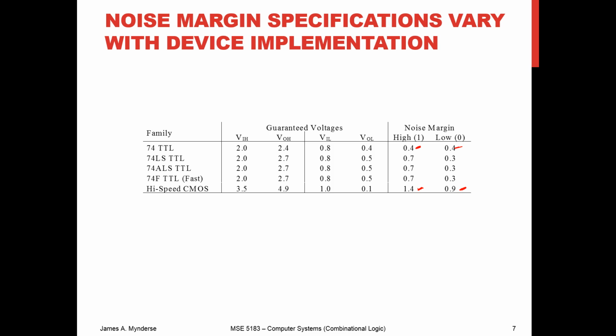So on the high end, there's going to be a 1.4 volt buffer on either side of the output that'll still be acceptable on the input of the next device. So now we're communicating, and we're communicating in the presence of noise. So we're accepting that there could be a non-ideal system. There's going to be a non-ideal system when we wire things up.